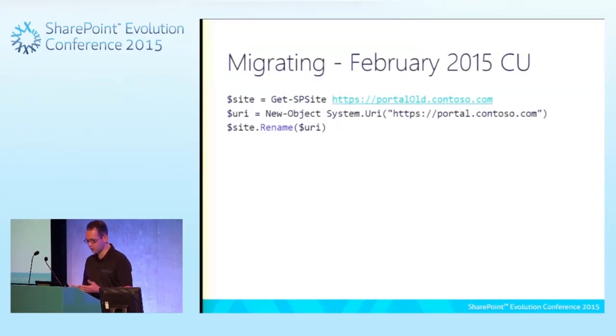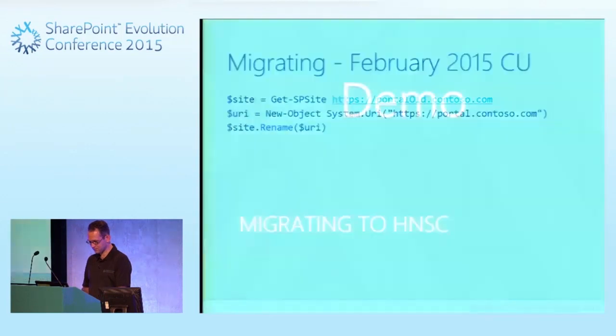In this case, we've got portal.old.contoso.com, and we're renaming it to portal.contoso.com, and we're converting it to a hostname site collection along the way. That is very convenient, because I never liked the backup restore. If you've got big site collections, that was a big hassle to convert to hostname site collections.